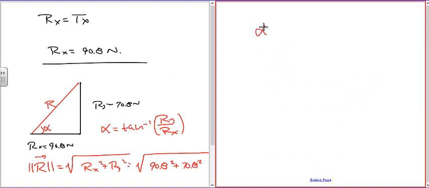So you have the inverse tangent of R sub y, which is 70.8, divided by 90.8. So you get 38 degrees. Pretty close to the other one.